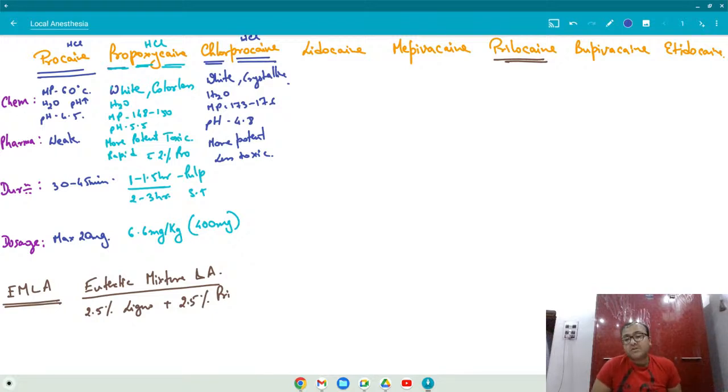Whenever you understand it in this way, you will be able to retain a little bit of information. There was procaine. Then when we saw propoxycaine, it worked well, but it was more dangerous than procaine. So it was both highly potent as well as highly toxic.